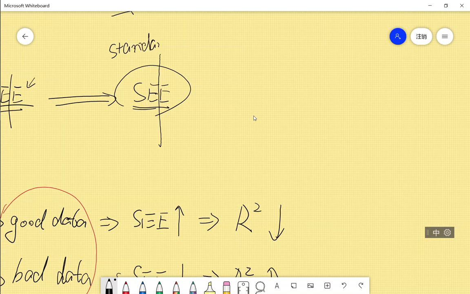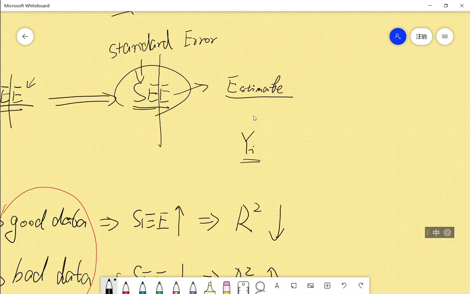Alright, so the SE means standard error, and E here is the estimate. So this SE means the standard error of the estimate. Every time you do the estimation, you get the Y here.